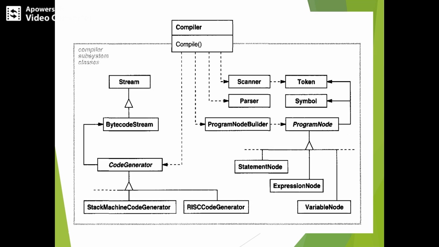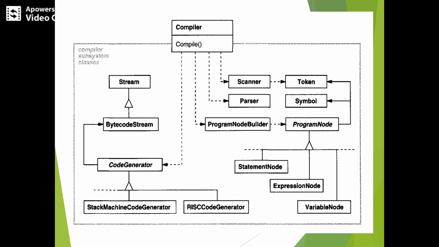Now these are the compiler subsystem classes. This is the structural diagram of the motivational example we have taken here. The compiler acts as the compiler class, which uses the scanner, and that generates tokens. Similarly, the compiler class will have the parser.